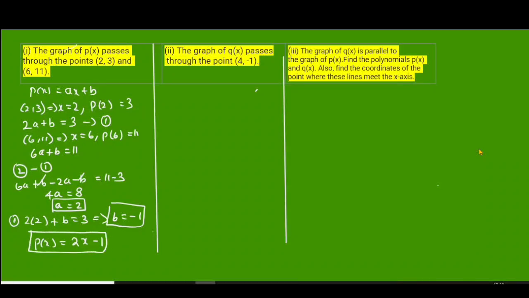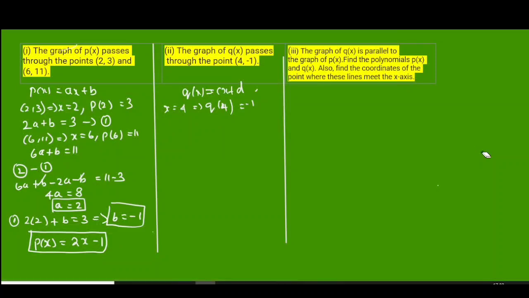Now, Q of x passes through (4, minus 1). Q of x is cx plus d, so x is equal to 4, which implies Q of 4 is equal to minus 1. So 4c plus d is minus 1.